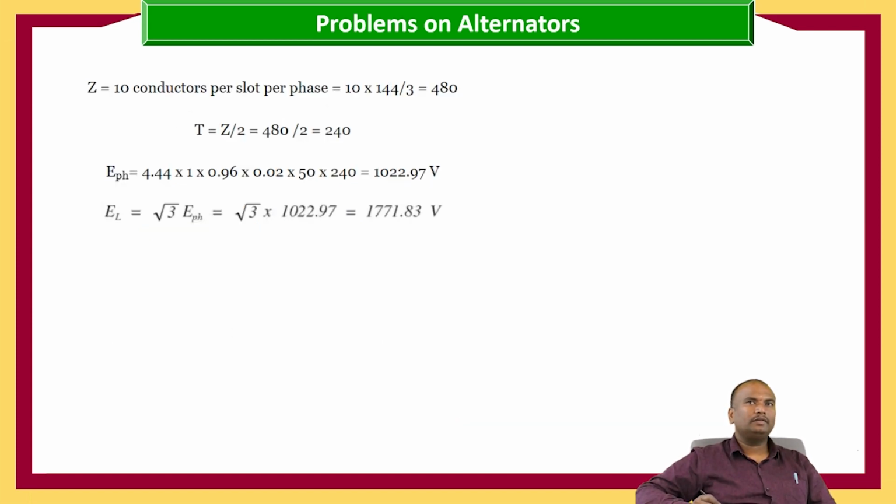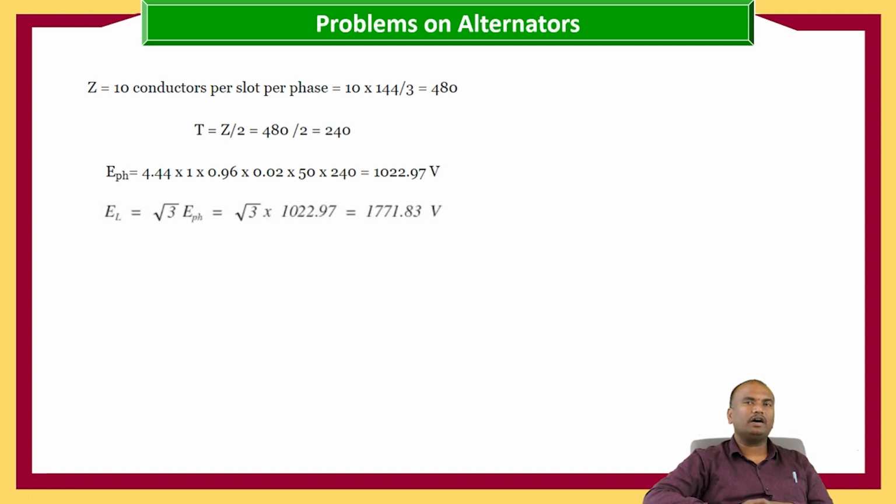We are getting the 480 Z, that is the number of conductors, and number of turns will be equal to Z divided by 2, that is 480 divided by 2, which is equal to 240 turns.